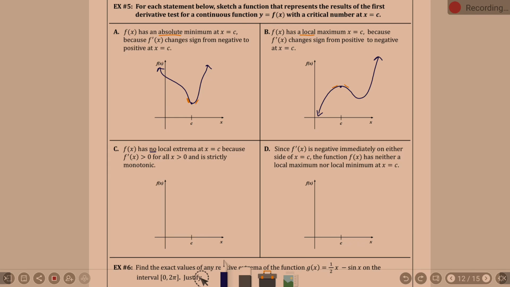I would have no extrema. If it's an increasing line, the derivative would be positive. Monotonic says does not change sign. I guess a line would work.